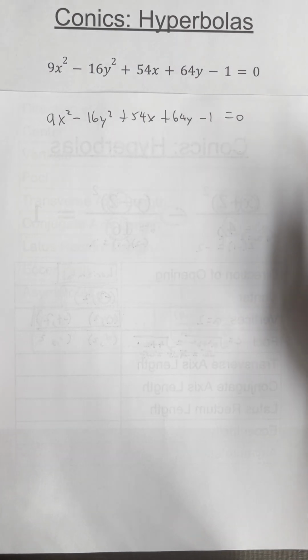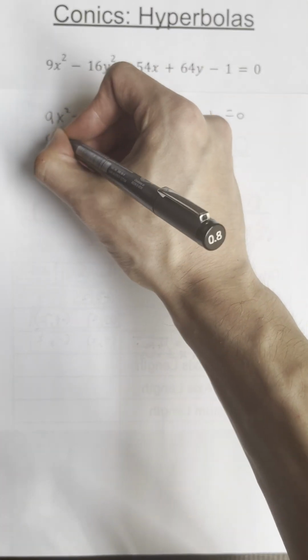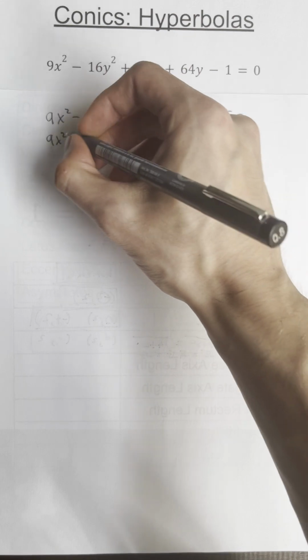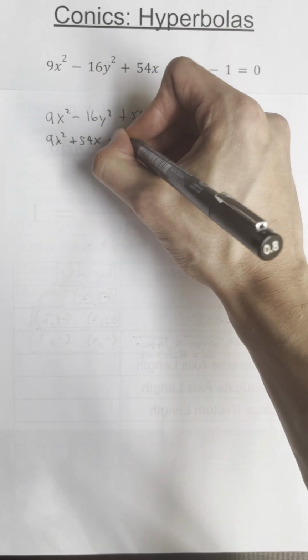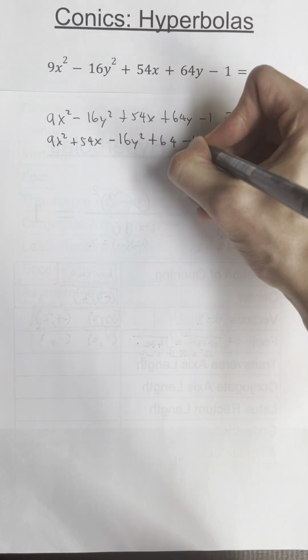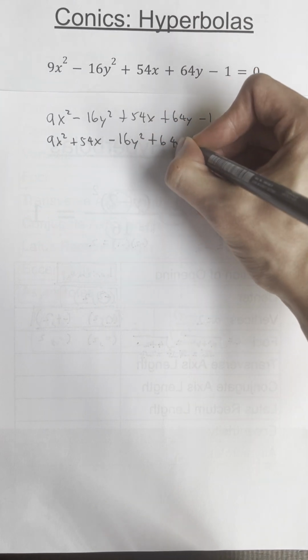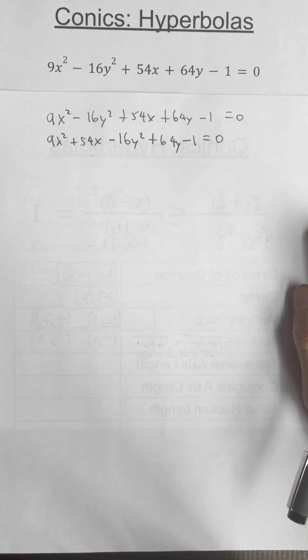So we need to get the x's together and the y's together. So I'm just going to change the order in which we add and subtract here. Oops, 64y. Okay, so now the x's are together and the y's are together.